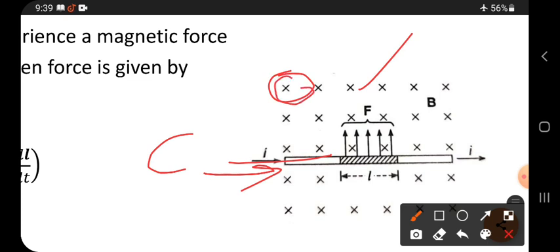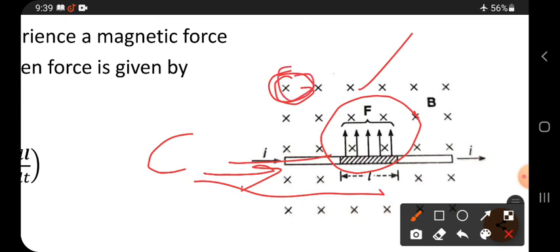Then stretch the thumb, and the thumb shows the force acting in the upward direction.